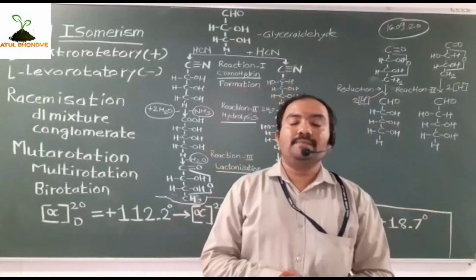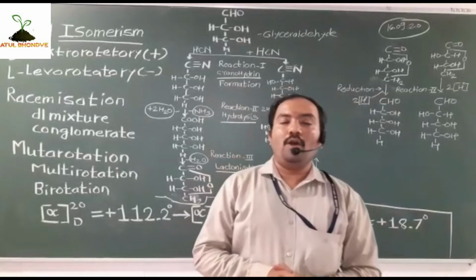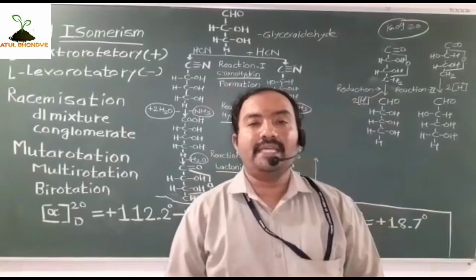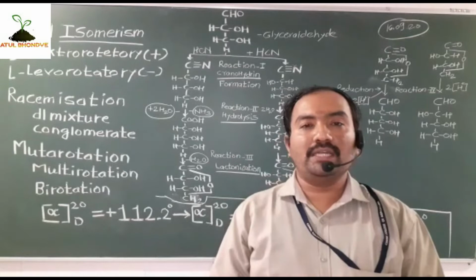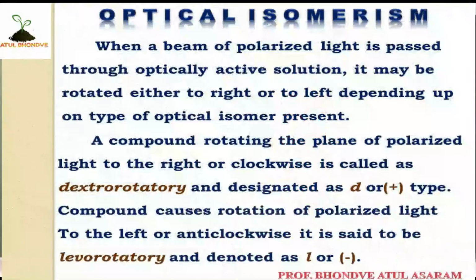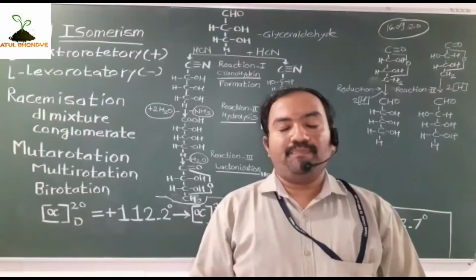This is the concept related to optical isomerism. When the plane of polarized light gets deviated towards the right, these are called dextrorotatory, and when towards the left side, they are called levorotatory.